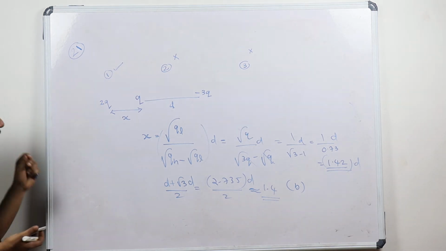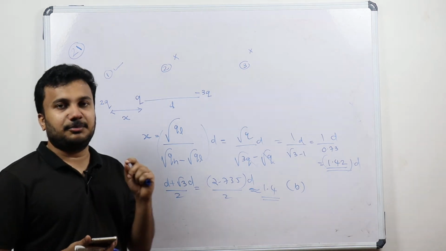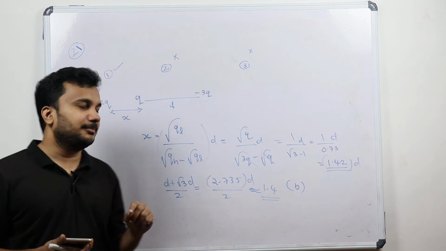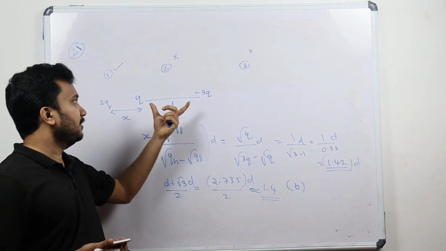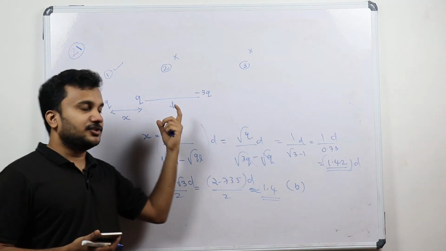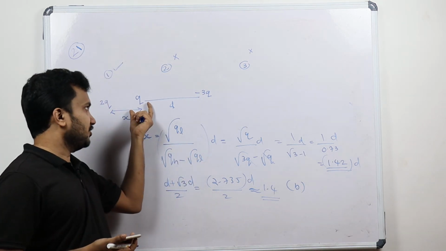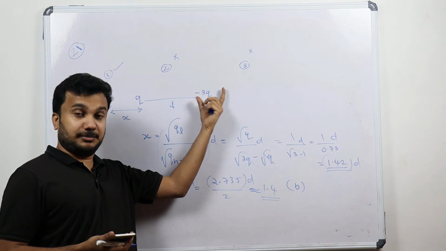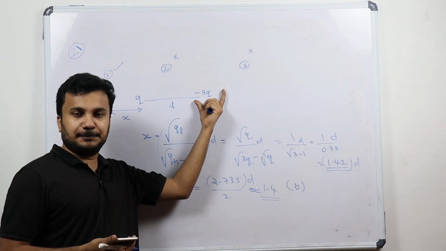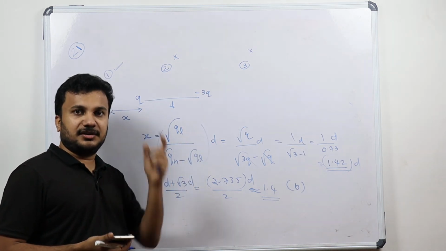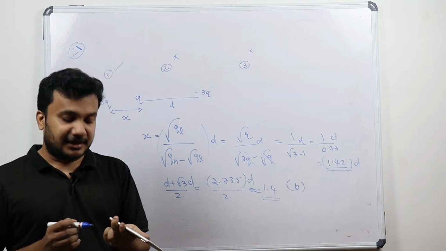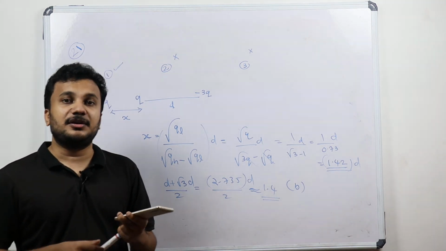So where to place the charge? That point you always have to remember, whether it is towards the left, between the charges, or towards the right side. It is always towards the left side of the minimum charge. So this is a minimum charge Q, and this is minus 3Q, the highest charge. The third charge in equilibrium has to be placed nearer to the lowest charge.